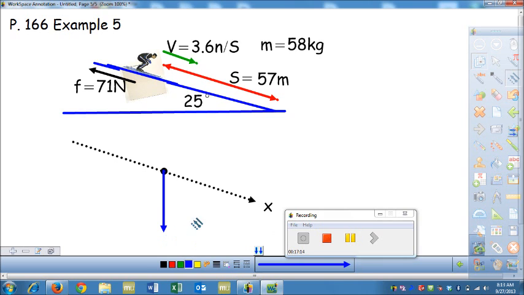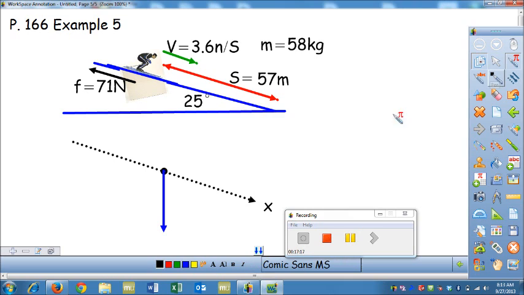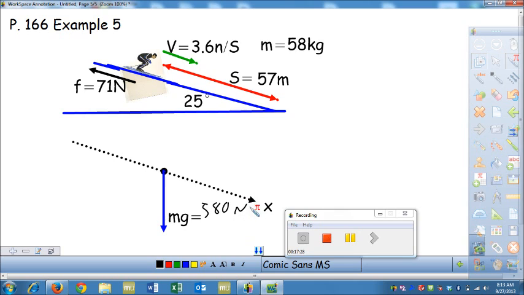So that's mg, approximately equal to 580 newtons, because it's 58 kilograms times 10 meters per second squared. So the real trick is to figure out the component of that force that's going down the hill.